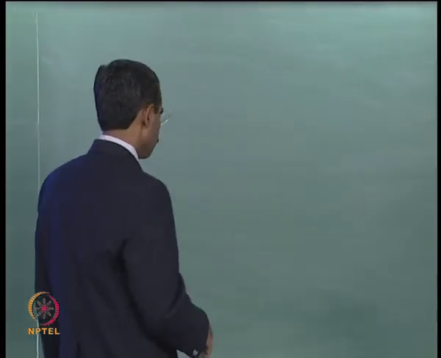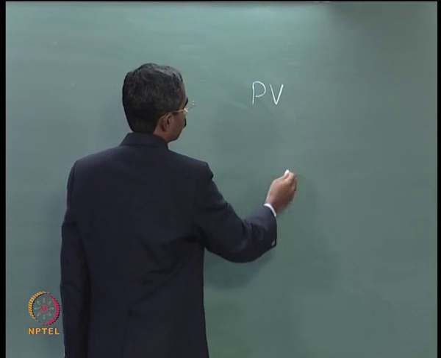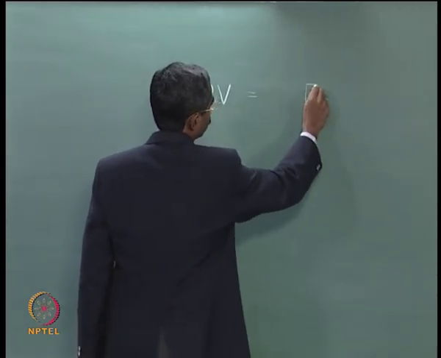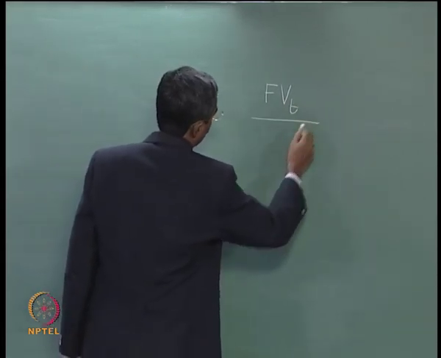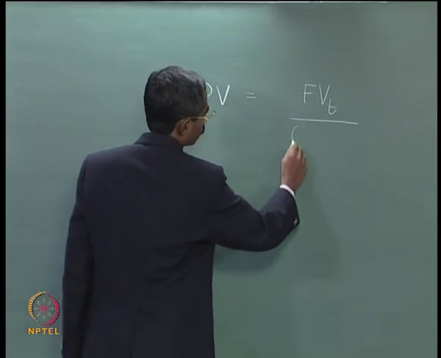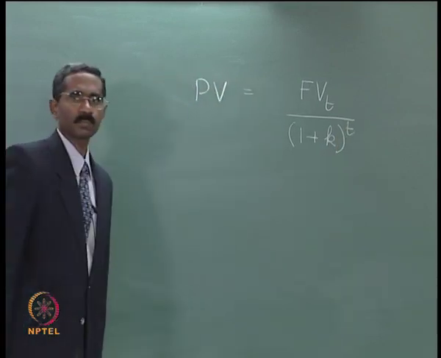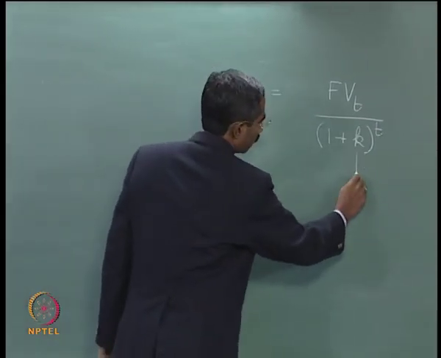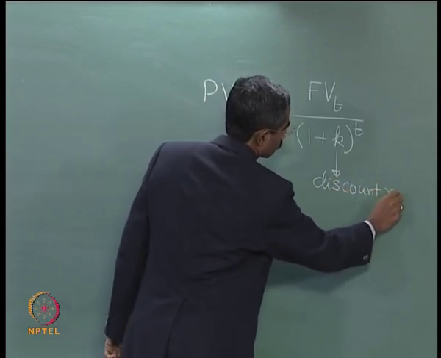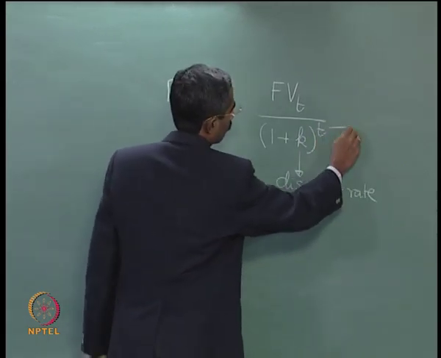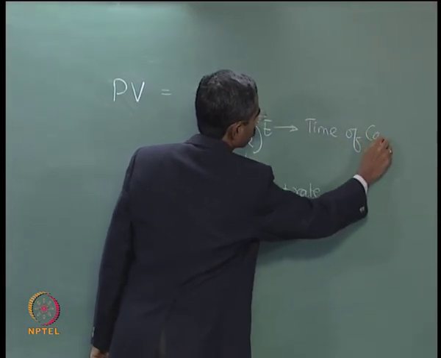Now if you really look at it, we calculate the present value of a cash flow from the future. So we have the future value at time t, and we determine the present value of this cash flow by dividing by the discount rate, where k is your discount rate, and t represents the time of your cash flows.